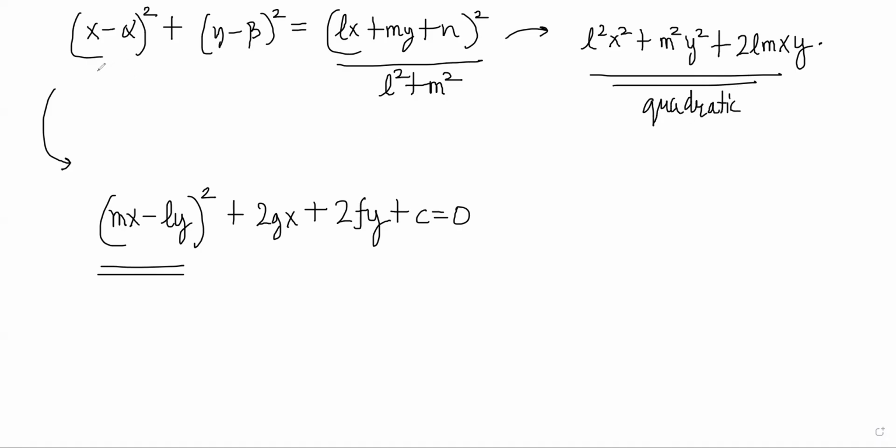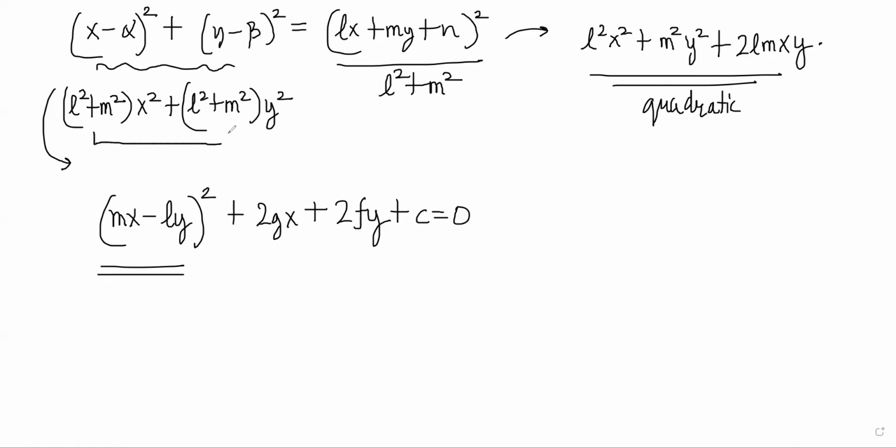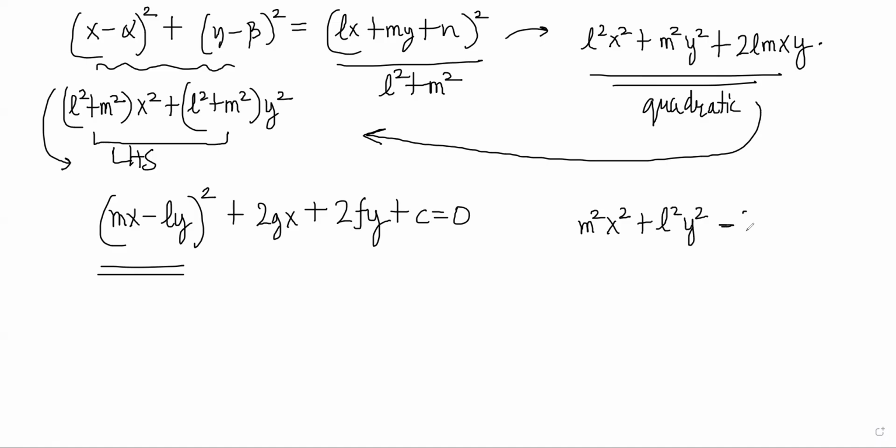What are the quadratic terms on the left hand side? If you cross multiply with L square plus m square, you get (L square plus m square) x square plus (L square plus m square) y square, right? There is no xy term on the left hand side. So if you collect all the quadratic terms on the LHS and the RHS and bring everything to one side, you will end up with m square x square plus L square y square minus 2Lmxy, right?